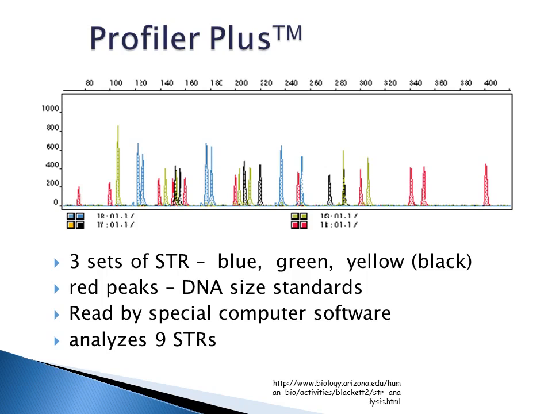An example is shown here using 3 sets of your short tandem repeat primers, one labeled blue, one labeled green, and one labeled yellow. The red peaks are the DNA size standards, and this system is one of the many computer software systems that can be used for STR analysis.